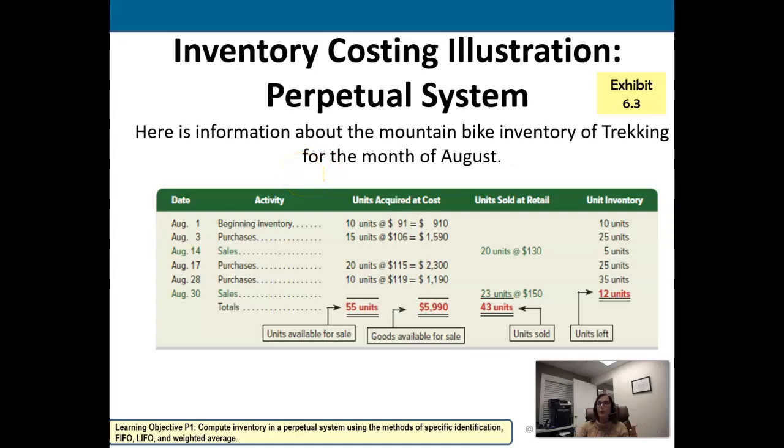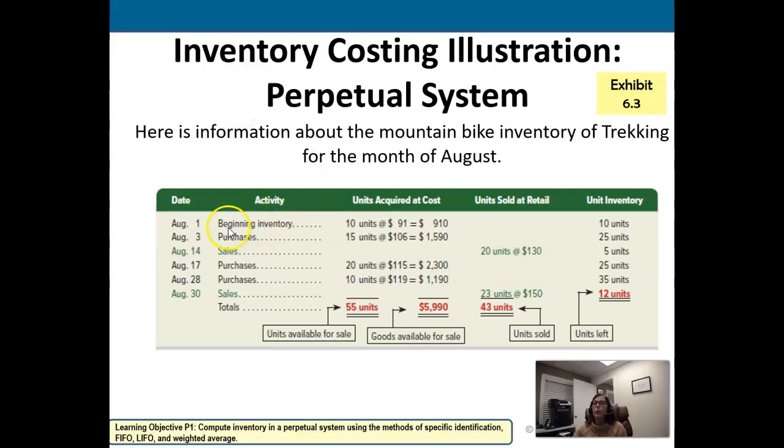This is a system that has us computing the inventory in real time as it comes in and out of our warehouse. So as we're buying it, we're updating our inventory. As we're selling it, we're updating our inventory. And you'll see how that contrasts later with the periodic method.